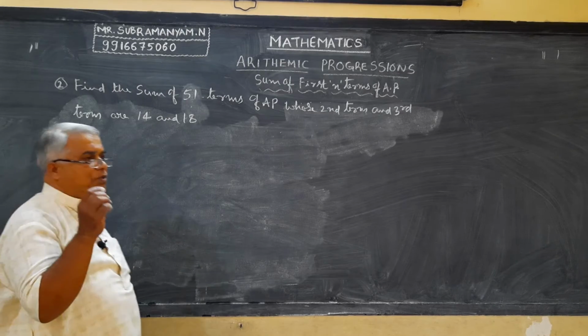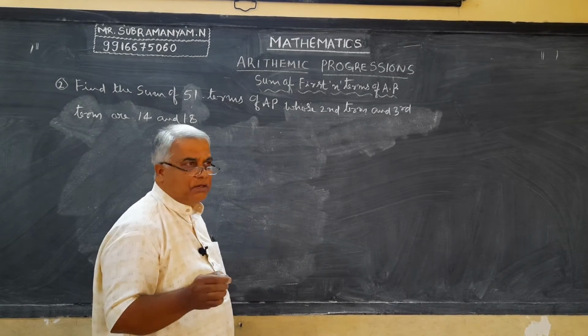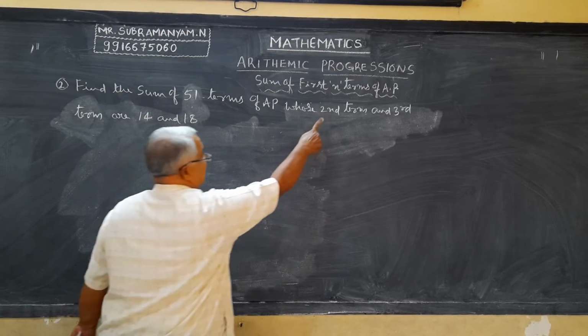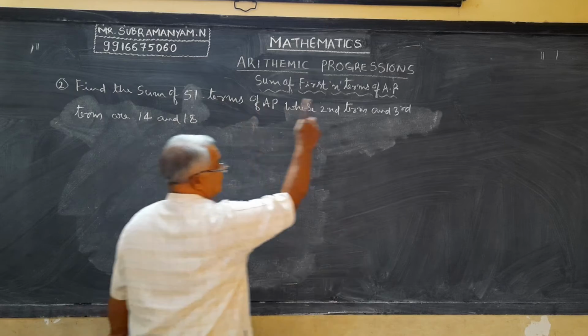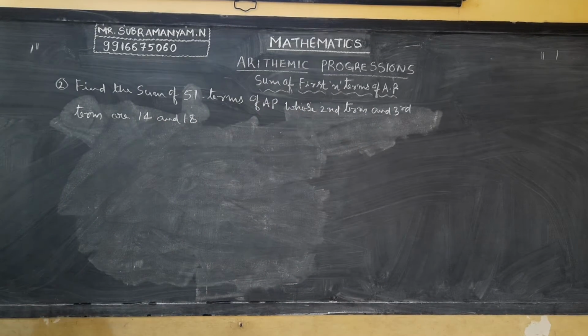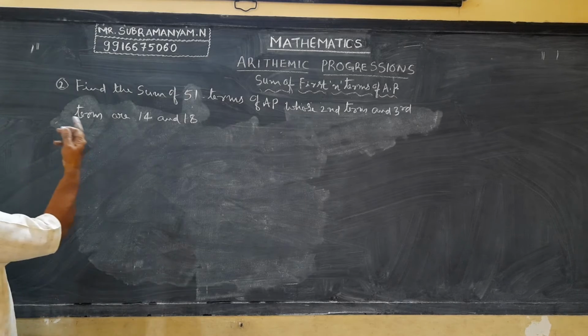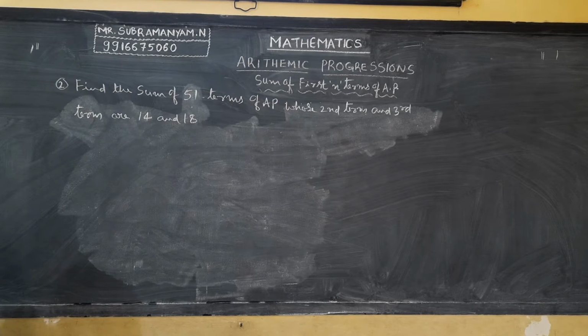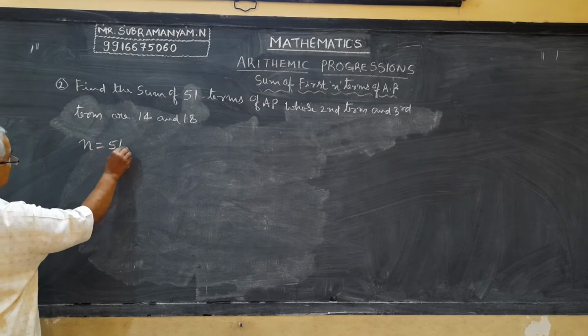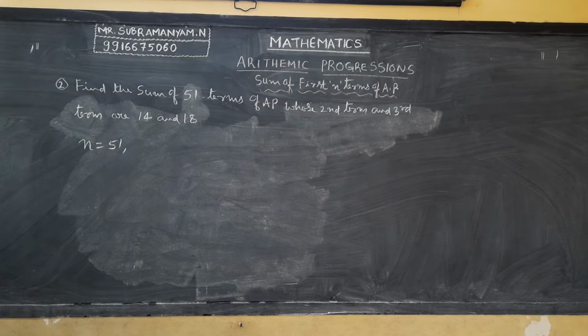That means we have to use the formula Sn. So to solve that, what is the data given? Second term is 14, third term is 18. So we have to find S51. Now for this, let us write the data. N value is 51.